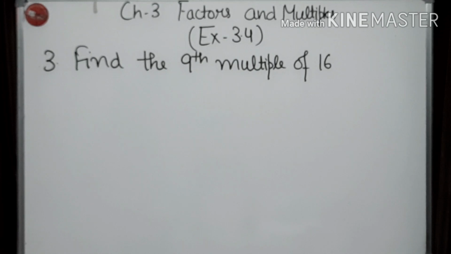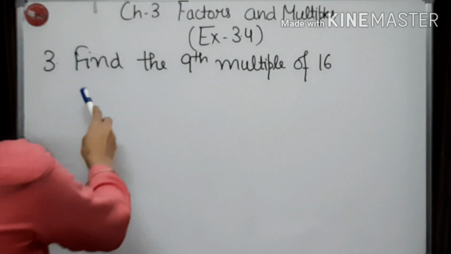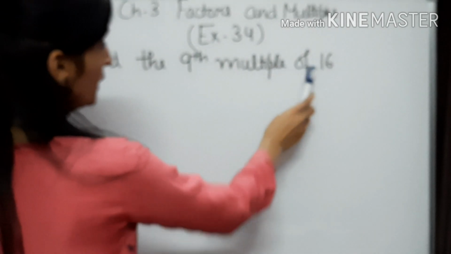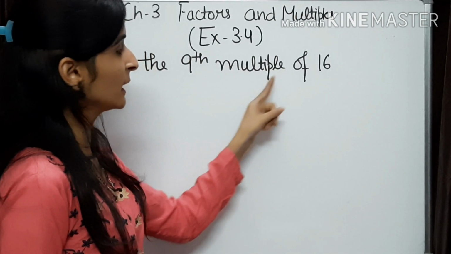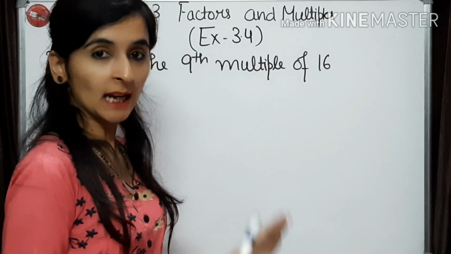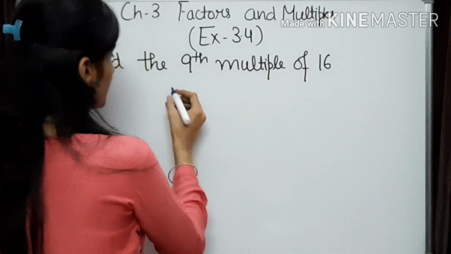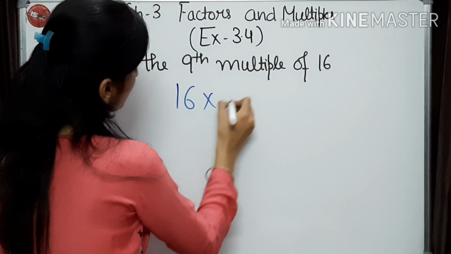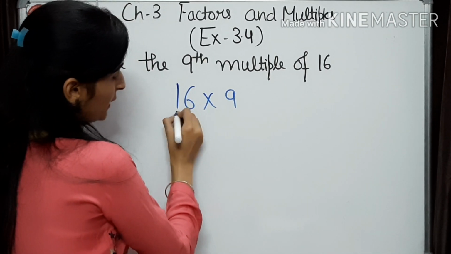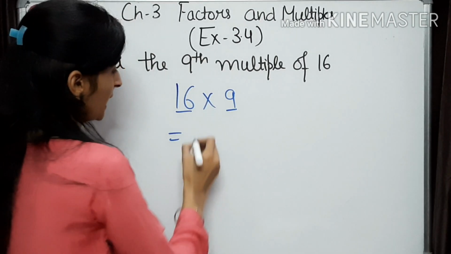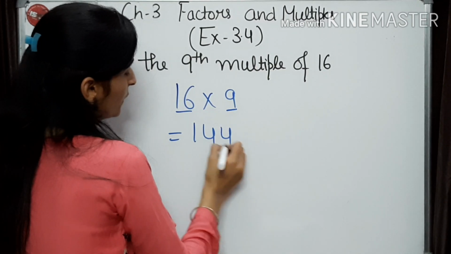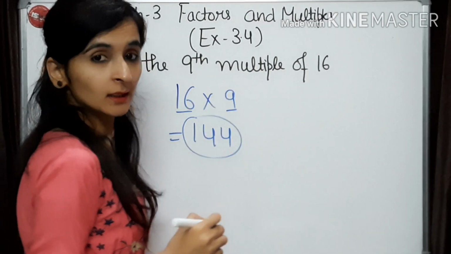The next question is, find the ninth multiple of 16. So here we have to find out the ninth multiple of 16. Ninth multiple of 16 means we have to multiply 16 by 9. And when we multiply this by 9, we get 144.